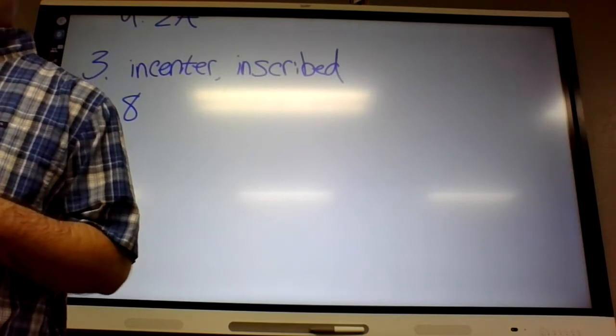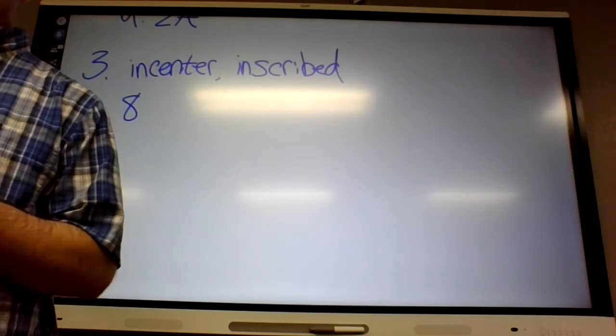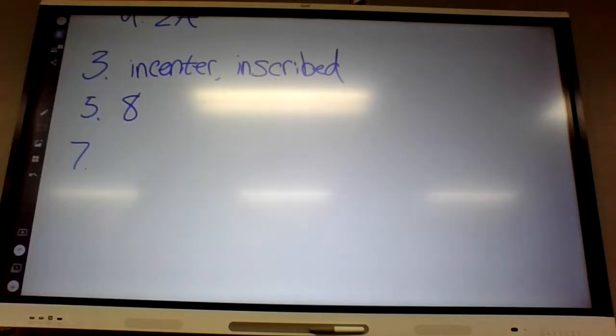And then it says angle URS equals blah, blah, blah. You see angle URS? It's the top half of the bottom right angle. So what do we know about those two angles? They're the same because the angle bisector is splitting them into 2 equal angles. So they're equal to each other.